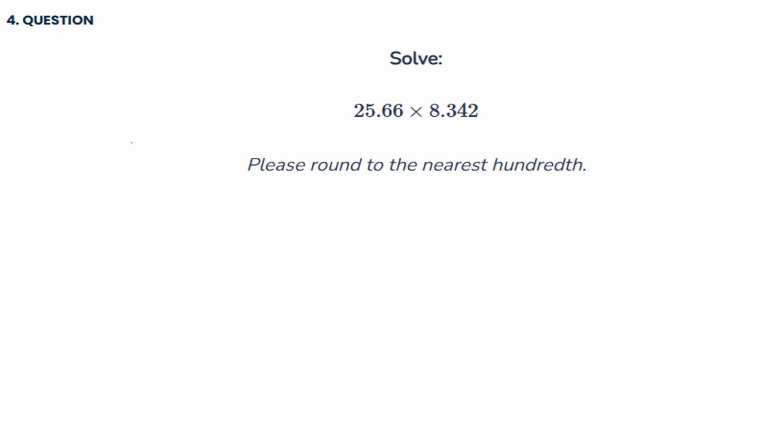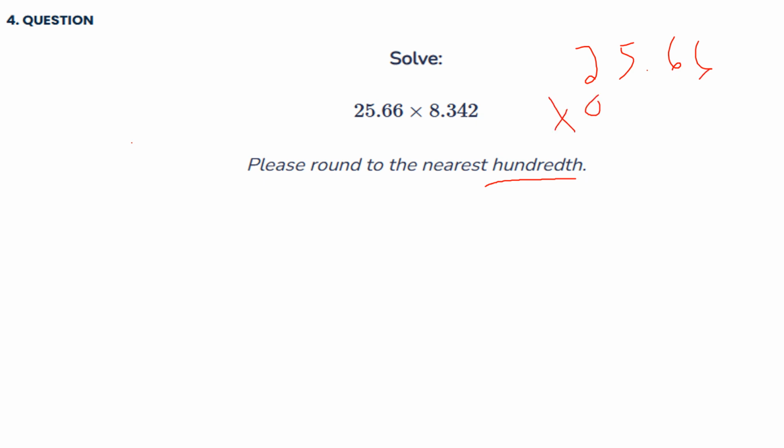All right, in question number 4, we're asked to solve this multiplication problem. And then once we solve it, we have to round to the nearest hundredths place. So that's kind of important. Once we get our answer, we have to put it in the nearest hundredths place. So let's go ahead and start our multiplication.